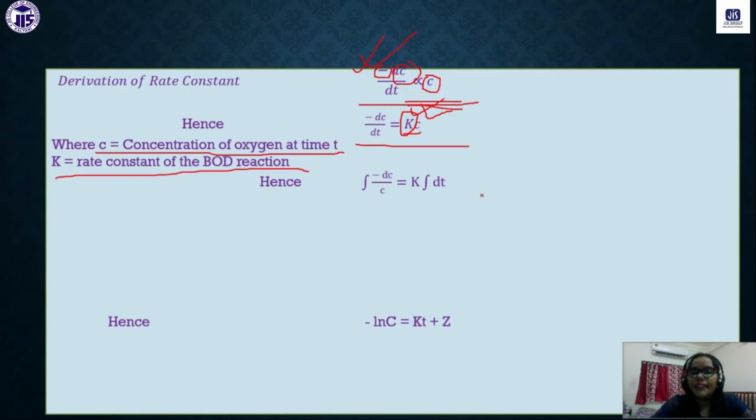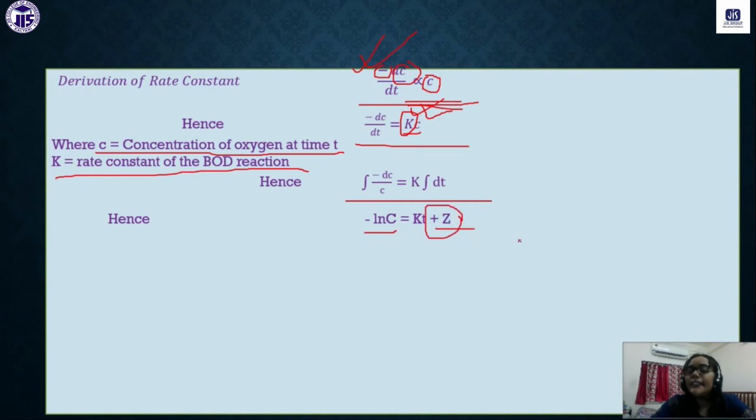What will be the next step? After this integration, the integration of minus dC/C is obviously minus ln C, which equals k times the integration of dt, that is kt plus z. Here z is the integration constant.